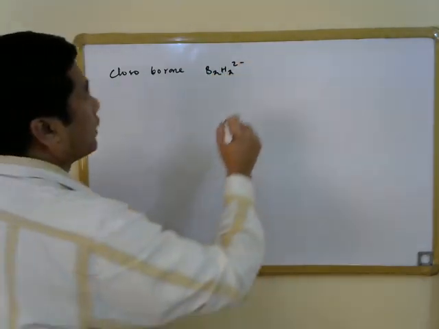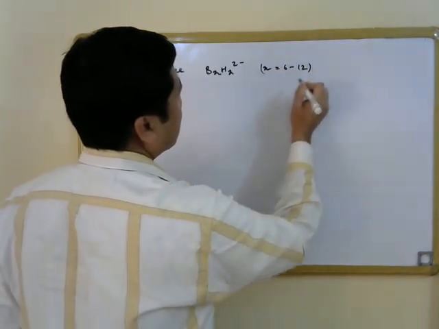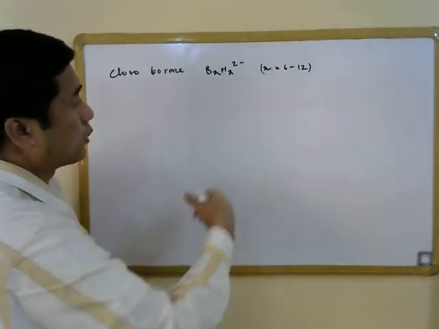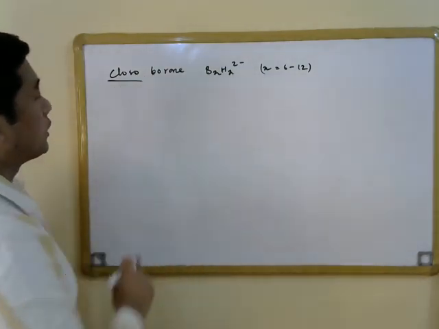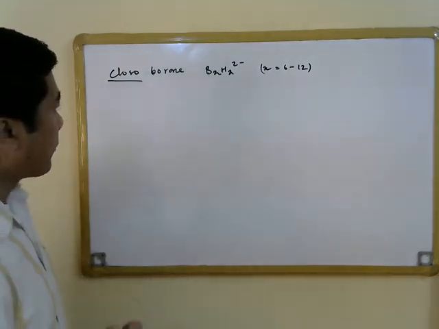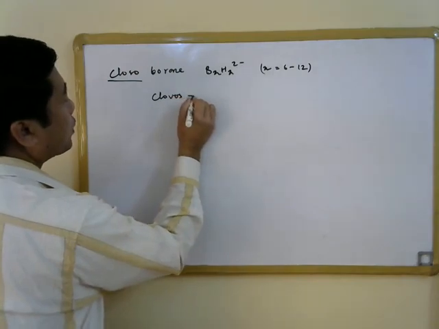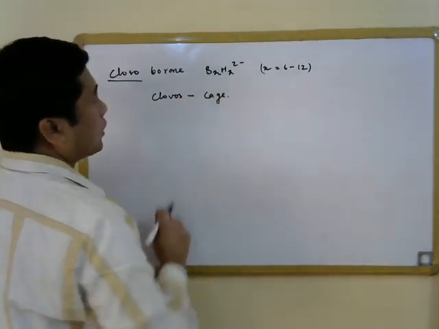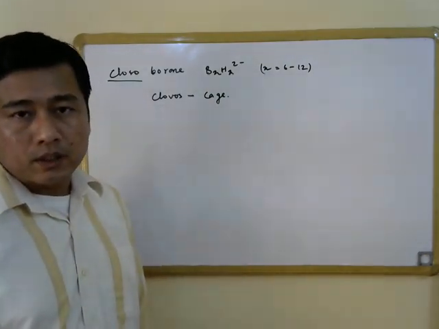So n can be anything between 6 and 12, and closoboranes with n equal to 6 to 12 are well known. Now, why do we call these boranes closoboranes? Because the word closo comes essentially from a Greek word called klos, which means cage.